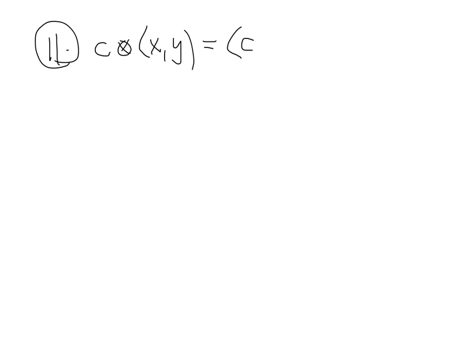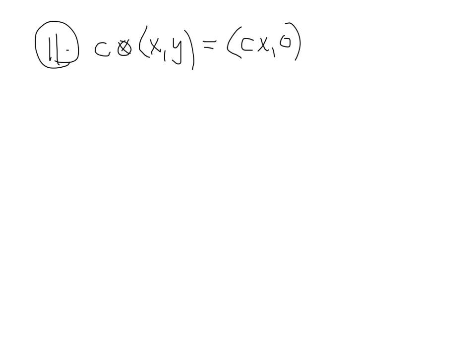So let's look at number 11. Number 11 is simply ordered pairs, but we have non-standard multiplication in which C times any ordered pair is C times the first ordered pair, 0 in the second component. So no matter what happens when we see circle times, we have to do this operation, not standard.